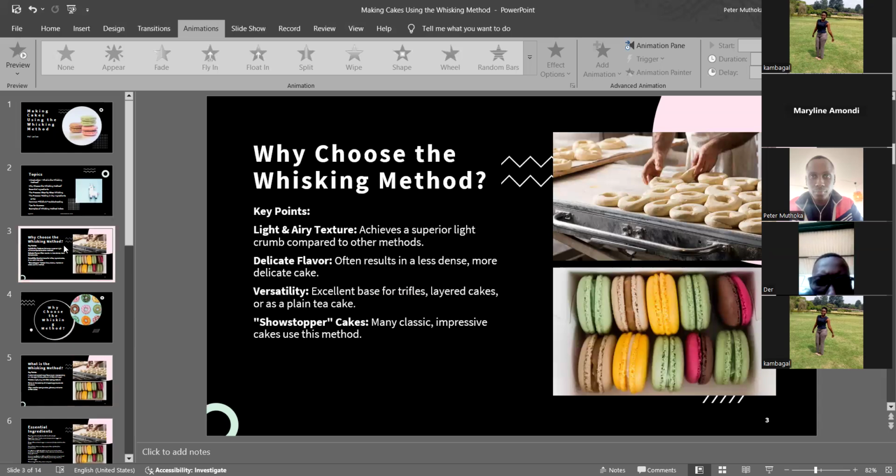It is also excellent for trifles and layered cakes, as well as for plain tea cakes. It is also a showstopper: many classic and impressive cakes use this method. So many types of cakes use this method of preparation.